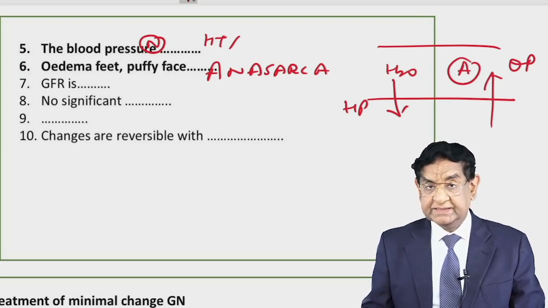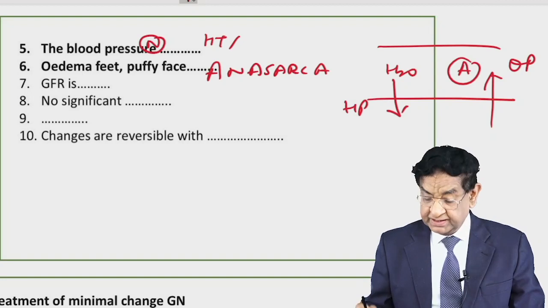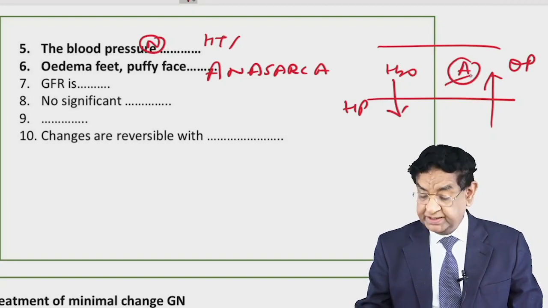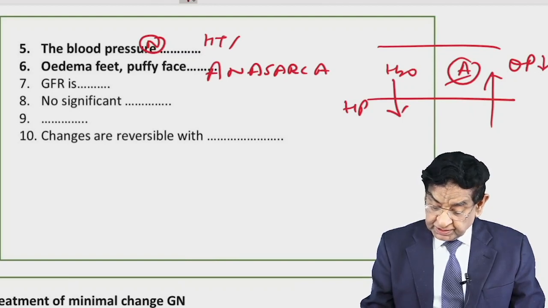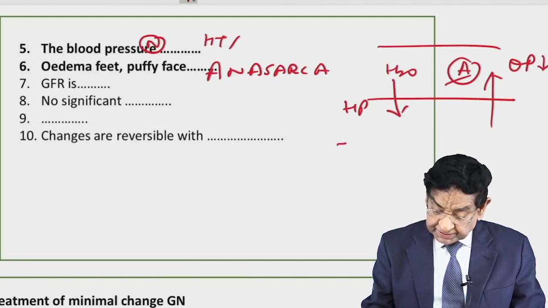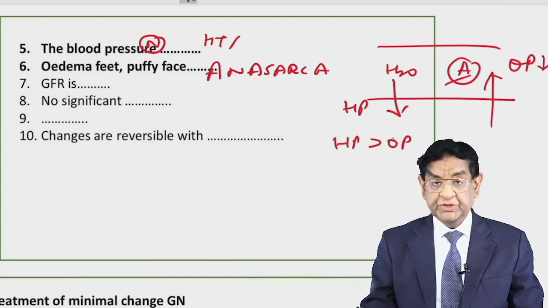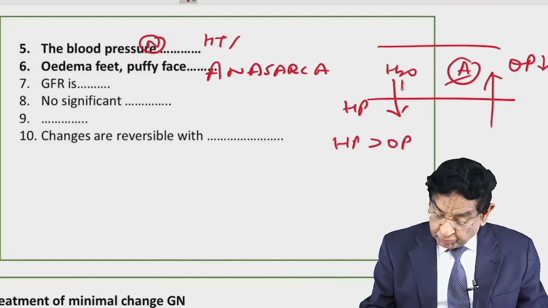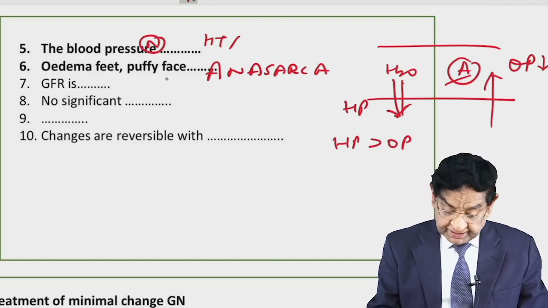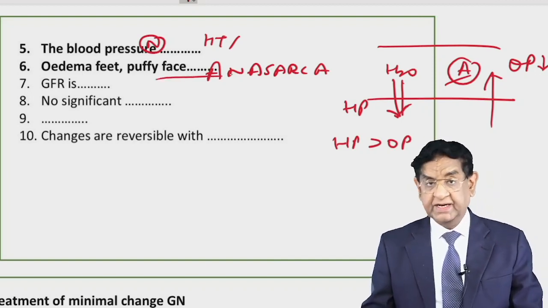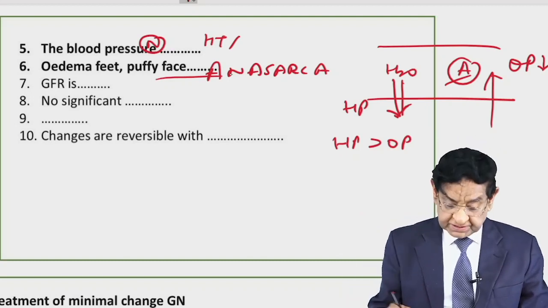Now, as in this case albuminuria is there, albumin will go out of the body, so oncotic pressure is reduced. So now hydrostatic pressure is more than the oncotic pressure. As a result, more and more water will go out, and that leads to edema, puffy feet, and anasarca. Water is going into the third space.